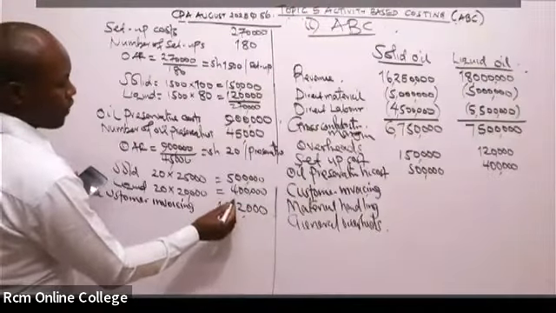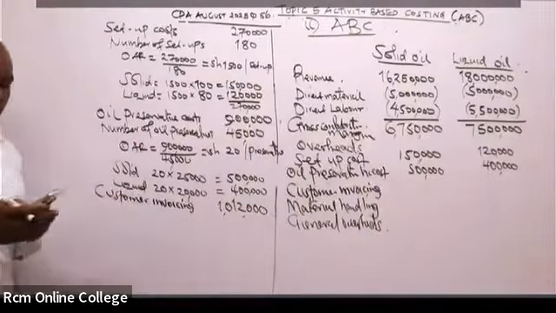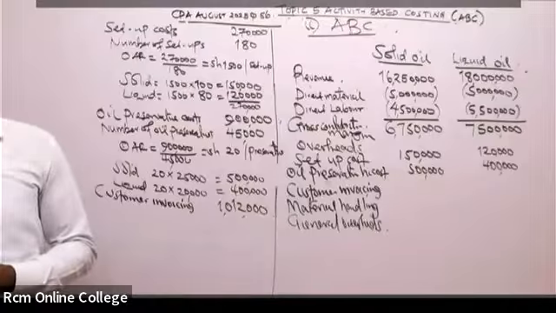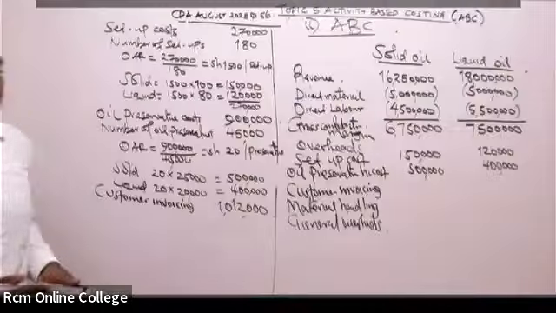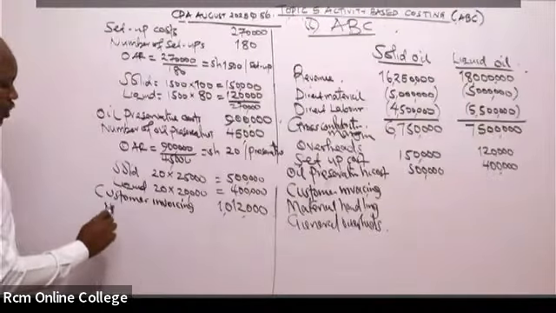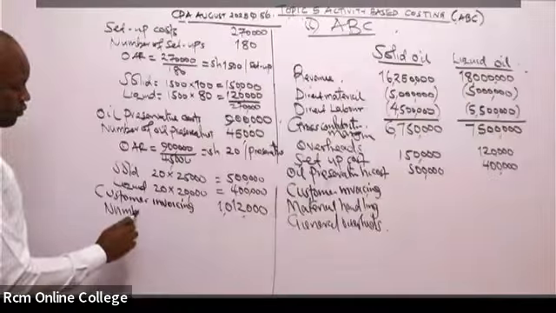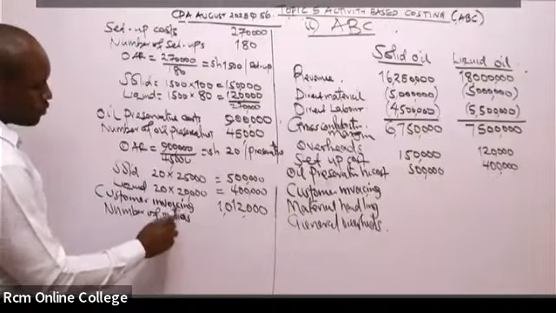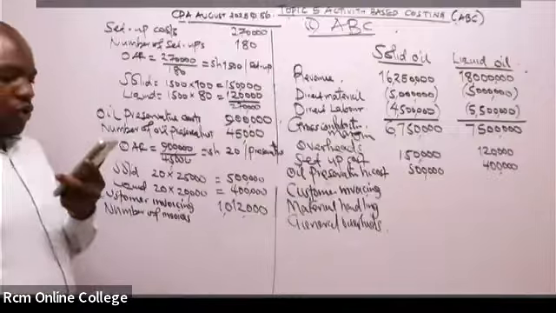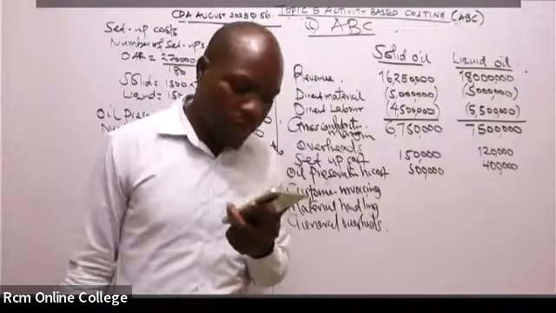What is the cost driver for the customer invoicing cost? Number of invoices. So can we get the total number of invoices?